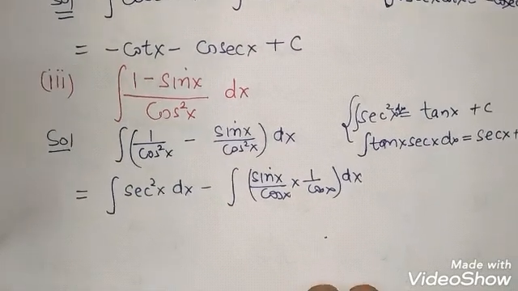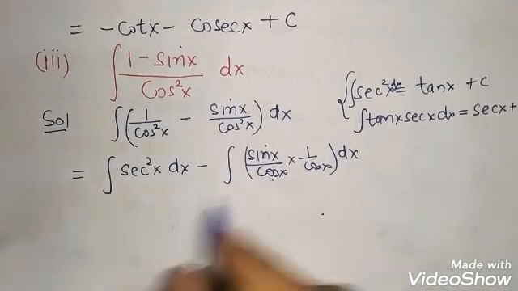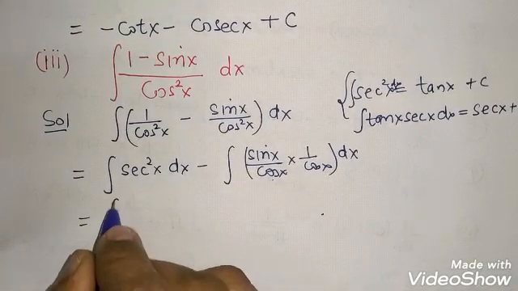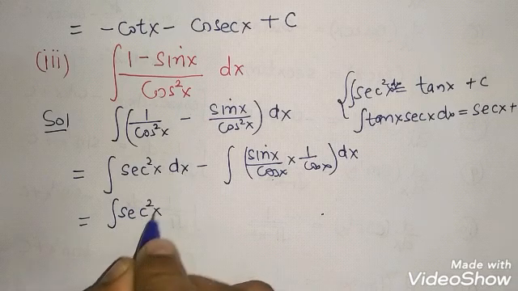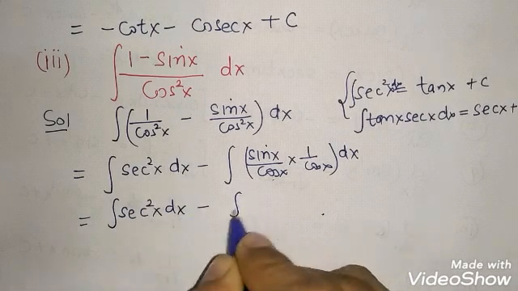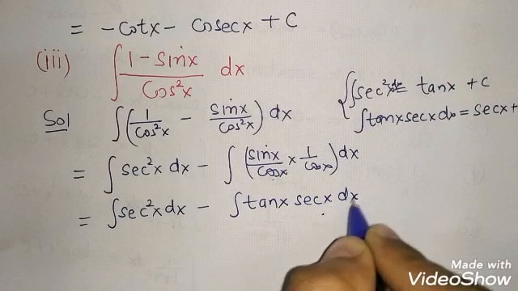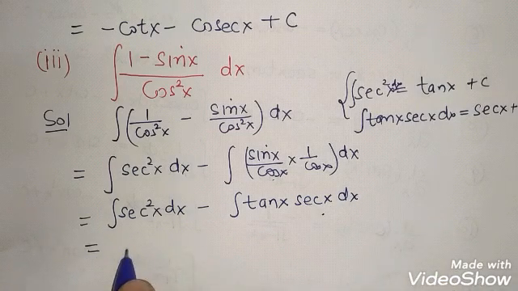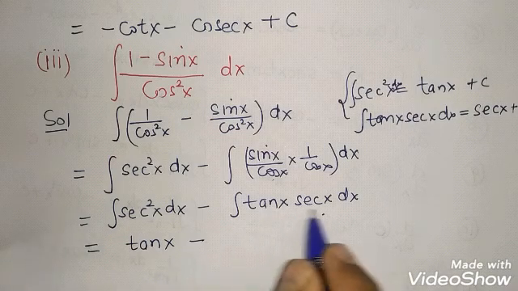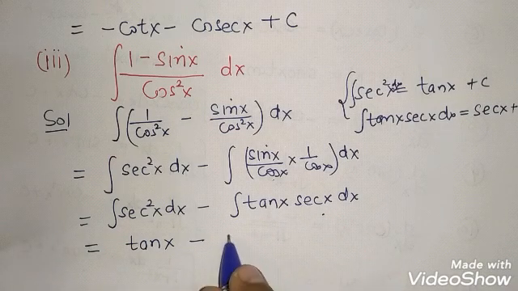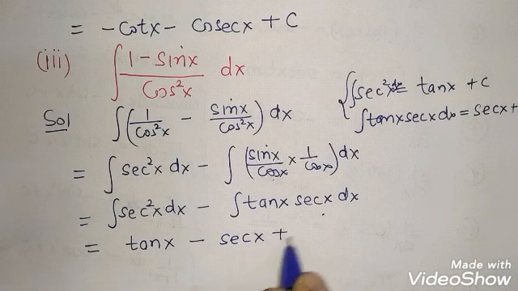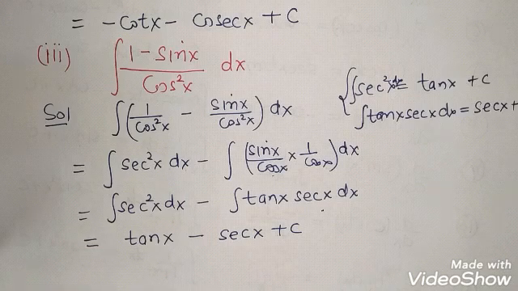So this is integration of secant square x dx minus integration of tan x secant x dx, which is tan x minus secant x plus c. Required answer. Hope you're getting this particular thing.